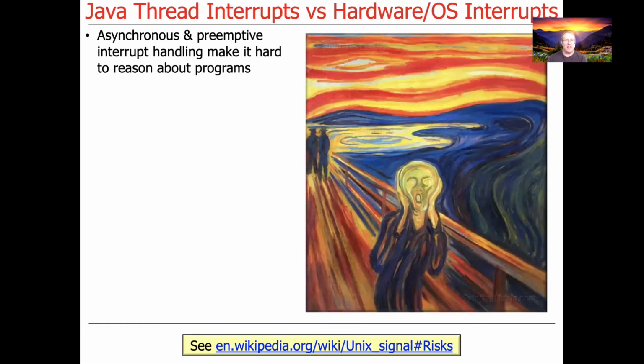Now, these mechanisms, asynchronous and preemptive interrupt handling, are very, very powerful. They're very important when you program an operating system kernel, in order to make it responsive without having to have a lot of thread contexts and threads running around doing things entirely in a threaded manner. They work very well and are very scalable, but they're complicated, tedious, and error prone, and they make it hard to reason about the behavior of the program.